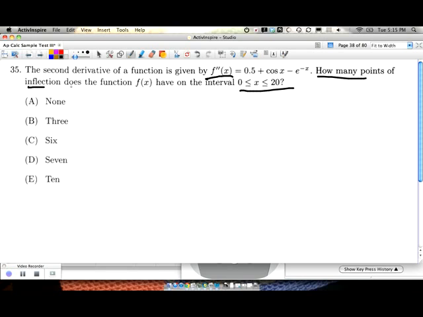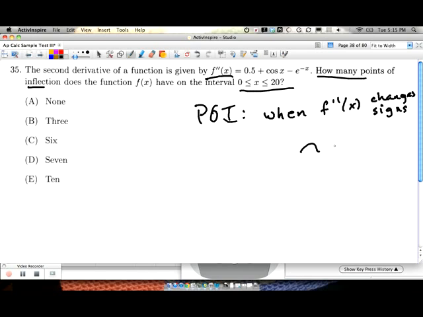A point of inflection happens when f double prime, the second derivative, changes sign, because that indicates that we change concavity. We go from negative to positive or positive to negative, and the point of inflection is the point in between where it changed.